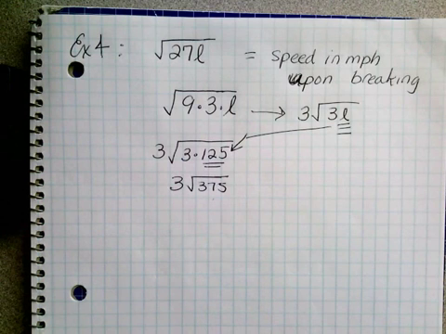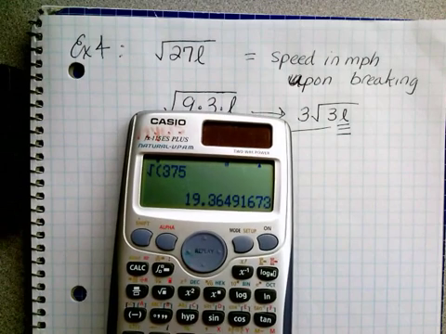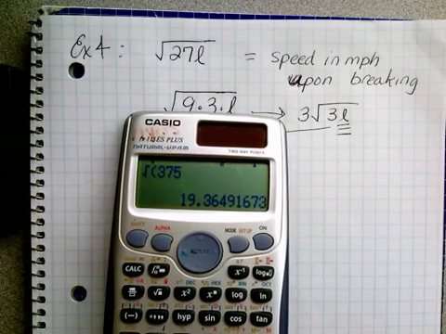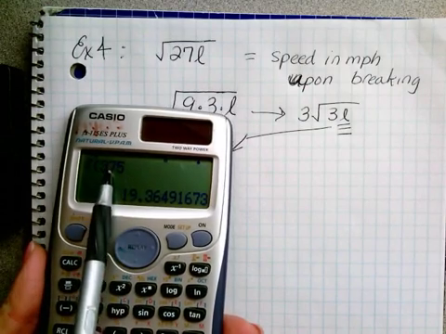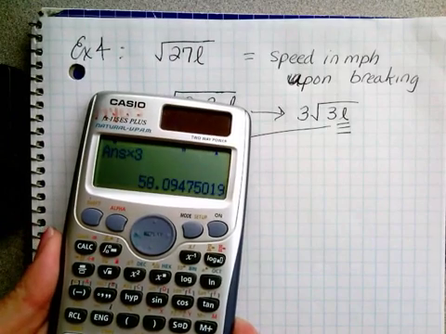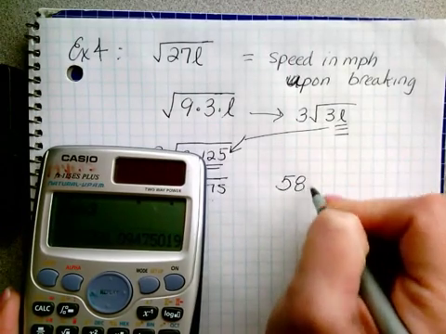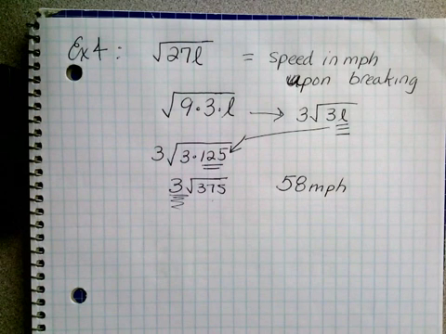Radical 375. Let's hope. Nope, not so much. Approximate using a calculator. We're approximating, so it's okay to use this decimal value. I have to multiply the approximate value of the square root of 375 by the 3 that precedes it, which gave me that. This car was going approximately 58 miles per hour when he hit the brakes.